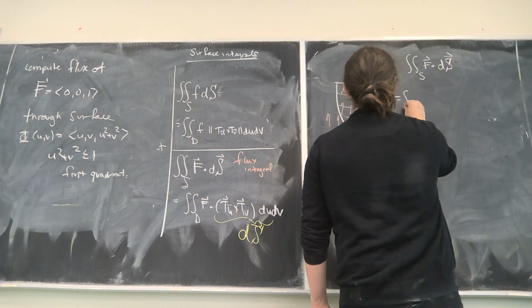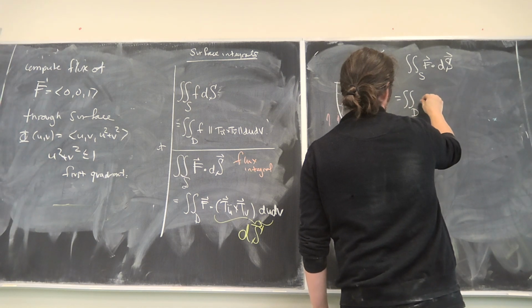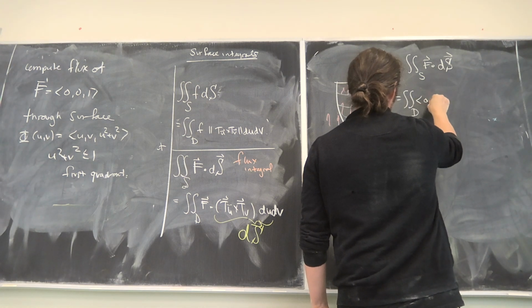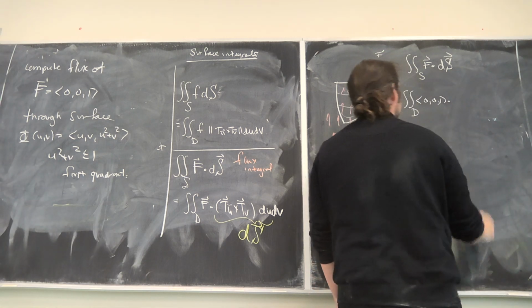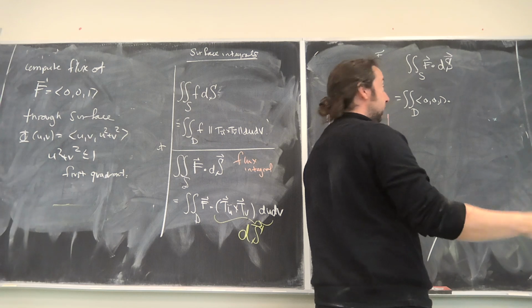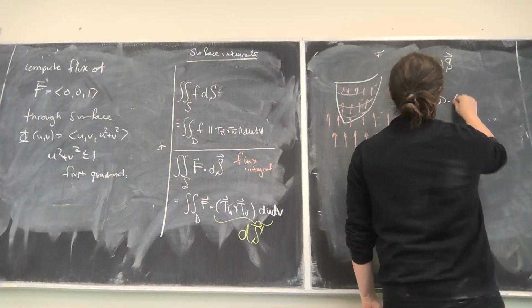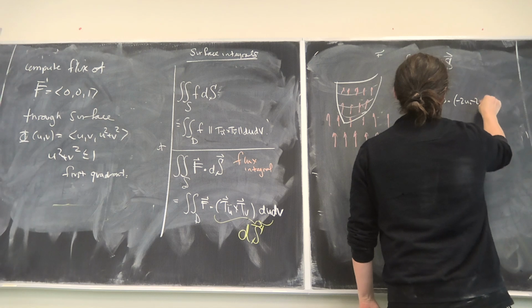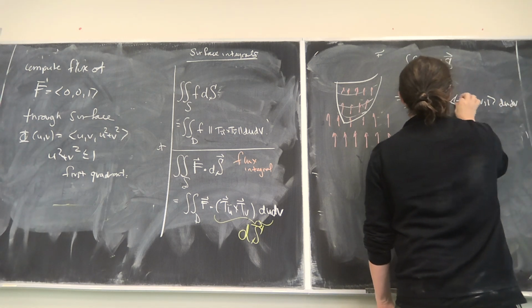So this is equal to the double integral over our domain D of the vector field (0, 0, 1) dotted with our dS component. dS was T_u cross T_v. So we're going to write (-2u, -2v, 1) du dv.